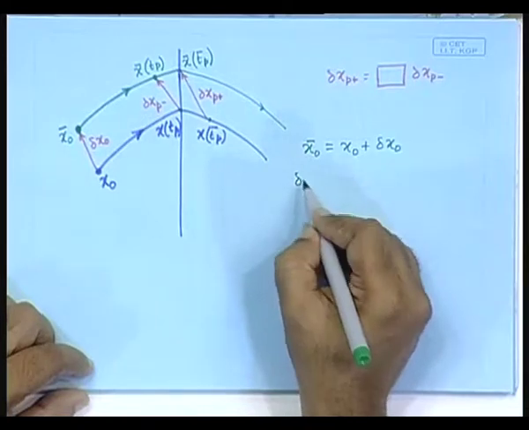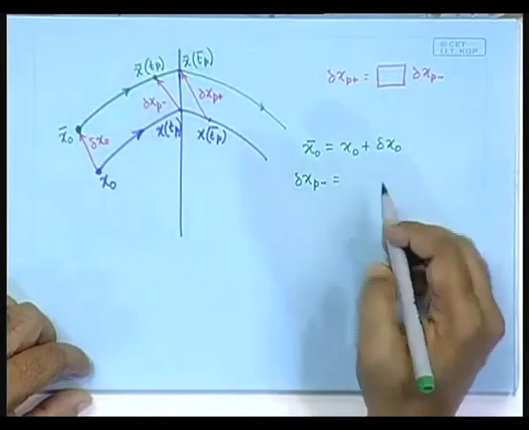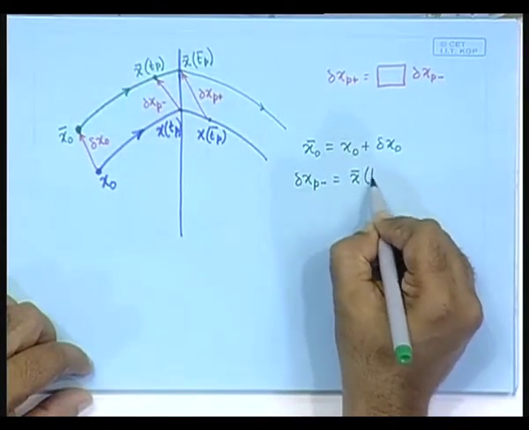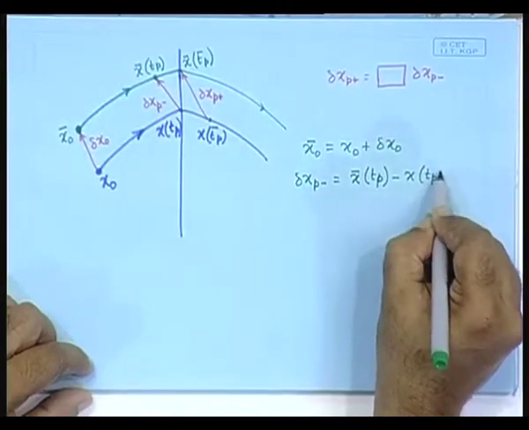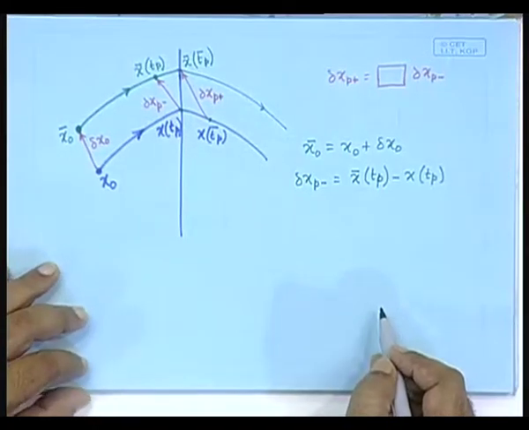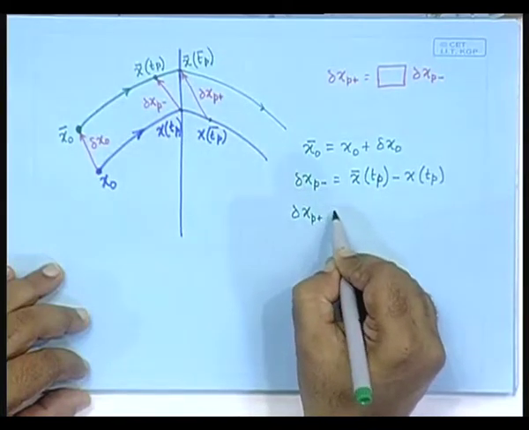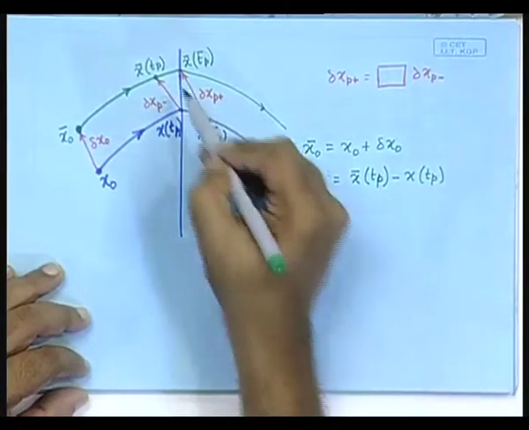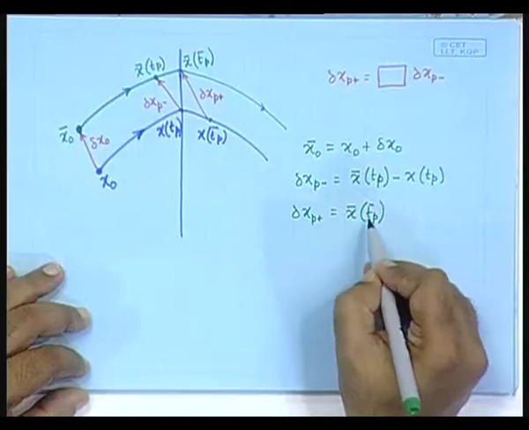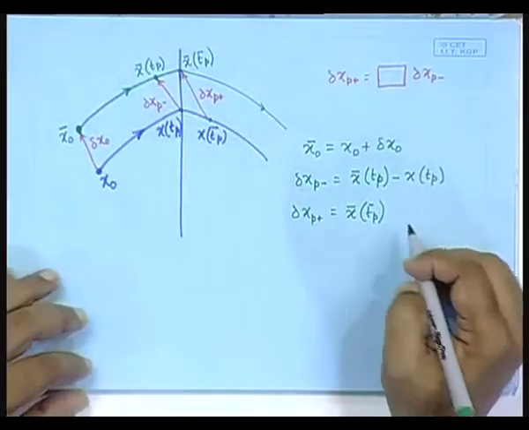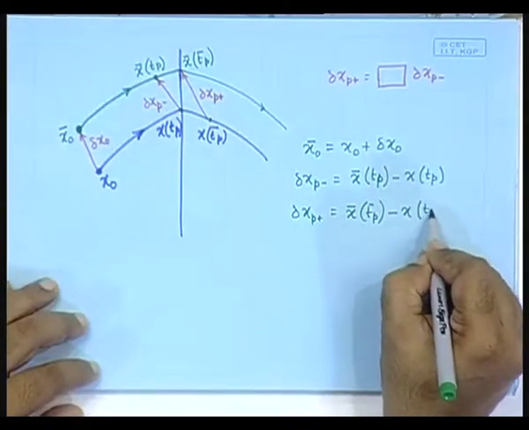Delta x p minus is this minus this, x bar t p minus x t p, right, and this one delta x p plus is equal to x bar t p bar, where T p bar is the time at which this trajectory reaches the switching manifold, minus x T p bar.